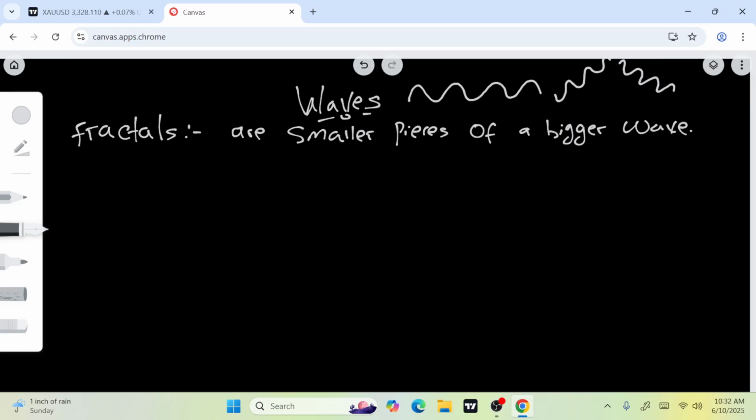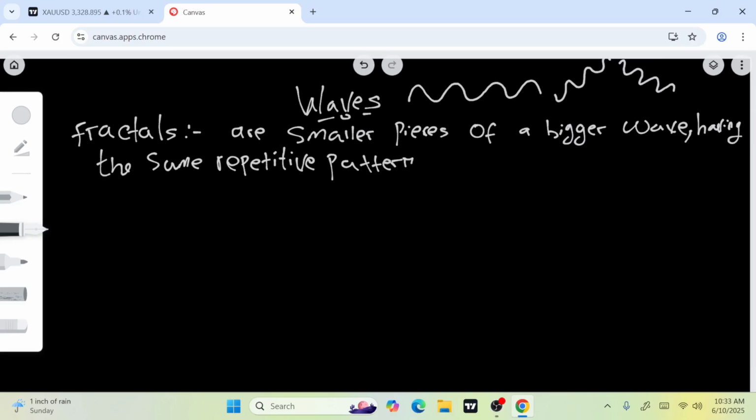Smaller pieces of a bigger wave, comma, having the same repetitive what? Pattern.